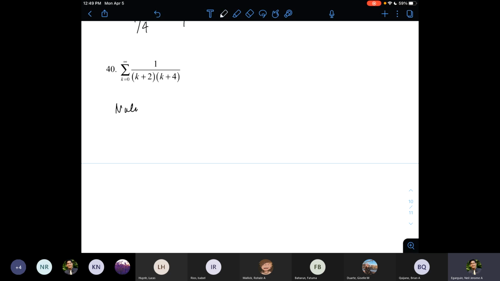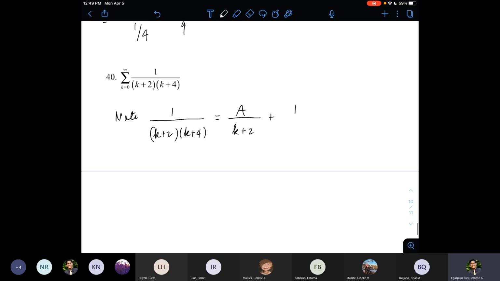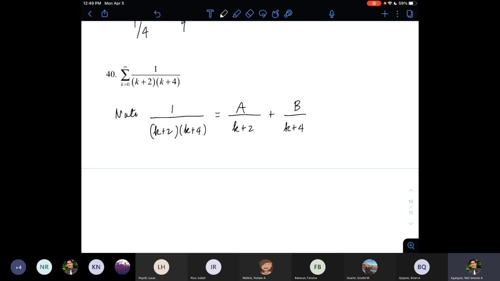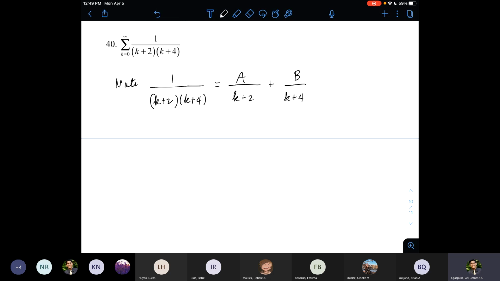So note that 1 over (k plus 2)(k plus 4) can be broken down into two partial fractions, a over k plus 2 plus b over k plus 4. I'll do the same process as we did in the previous chapter in solving for a and b. This will give me 1 equals a times (k plus 4) plus b times (k plus 2) for all k's.